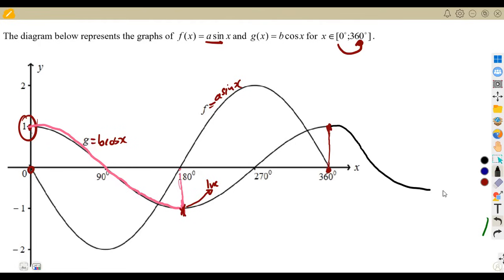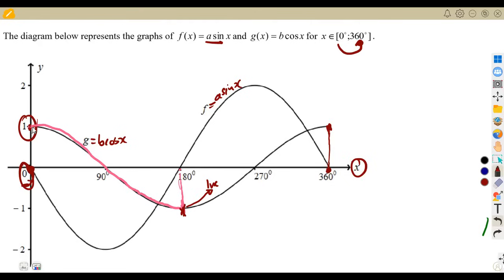But this one is now out of the interval because our interval is taken from 0 to 360. So from 0 degrees to 360, we saw that our function is going to decrease from 0 degrees. That is the x value there, it's 0. Yes, the value here is 1, but it corresponds with the x at 0 degrees, up to a point where x is 180, the value of x where our function is decreasing.